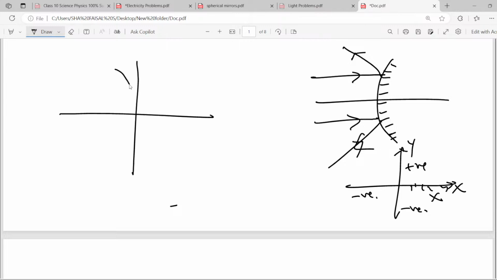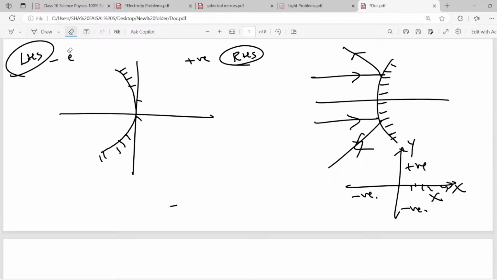Now, this is my concave mirror. This is my negative side and this side is positive. I mean, this is my LHS and this is my RHS. Now, as of now, we remember like this. Where is the object kept?